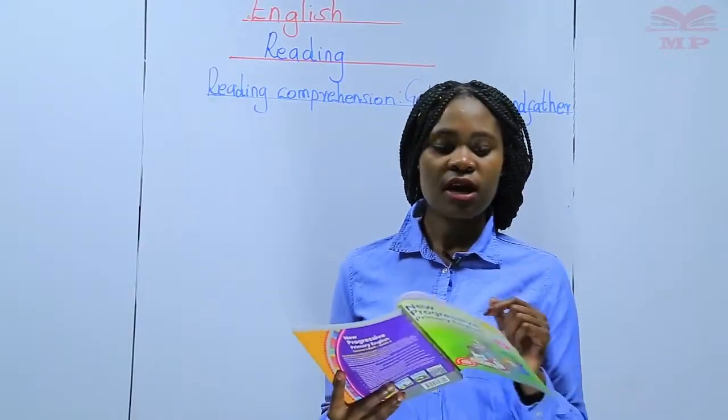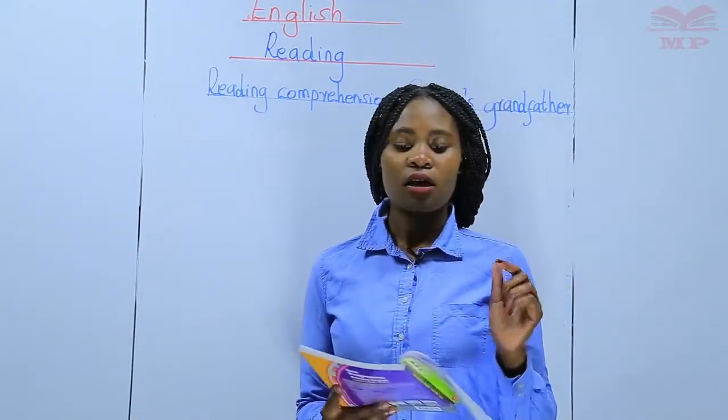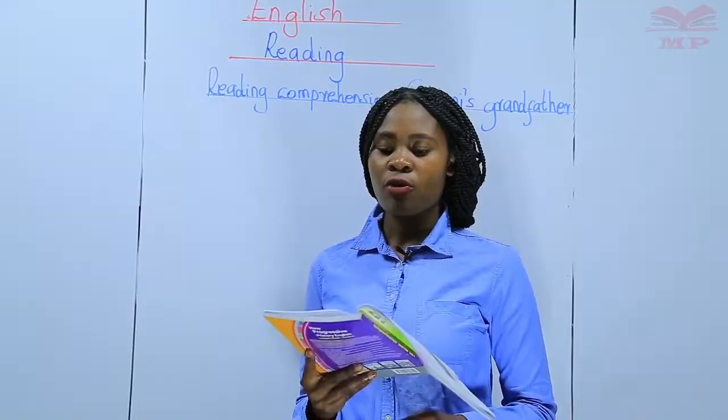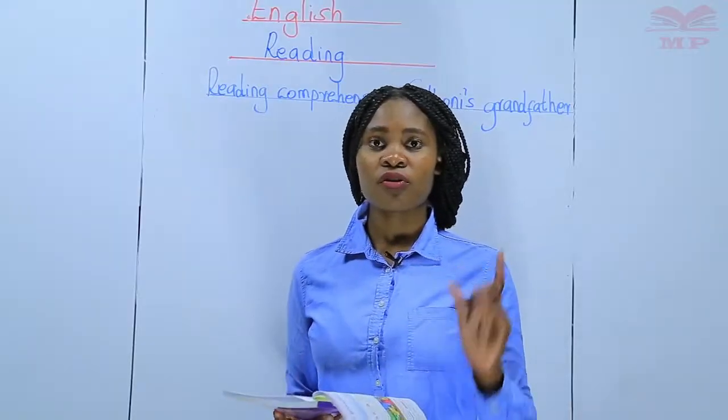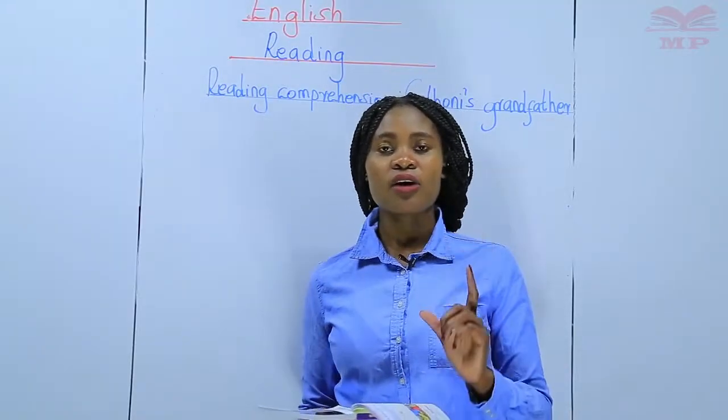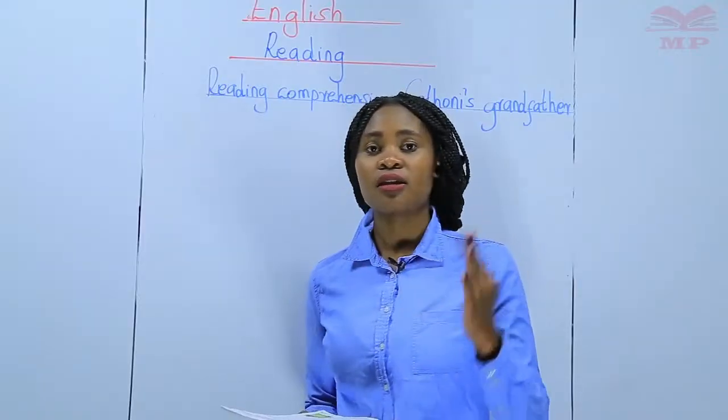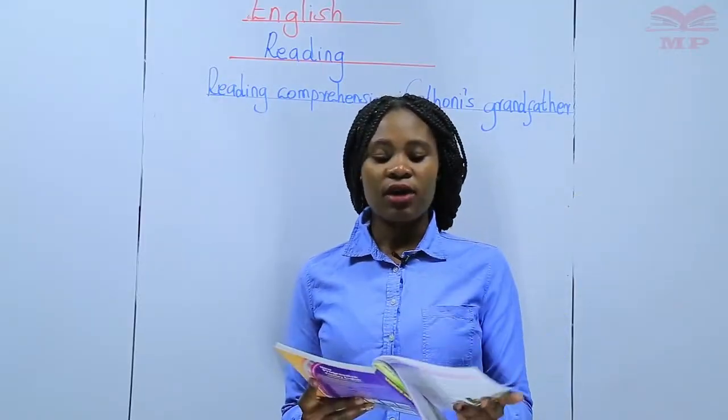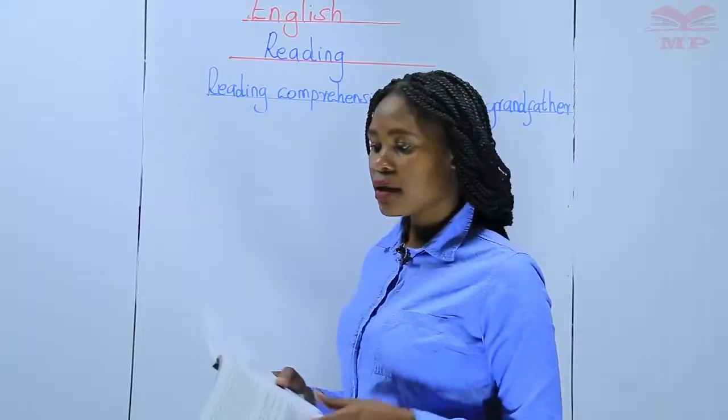Now, I want us to answer questions on the comprehension that we have read, but before that, I shall answer with you the first 3 questions, then you shall do the rest. Now, the questions are here.